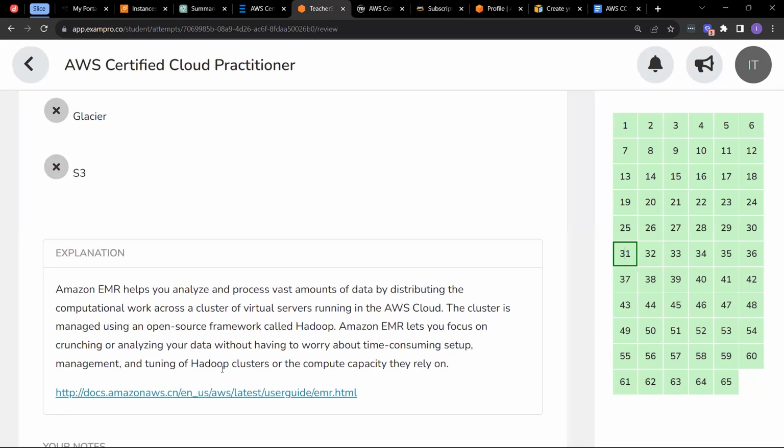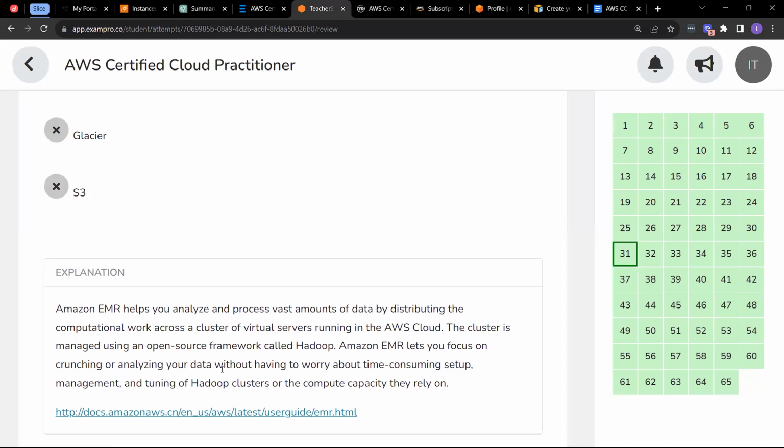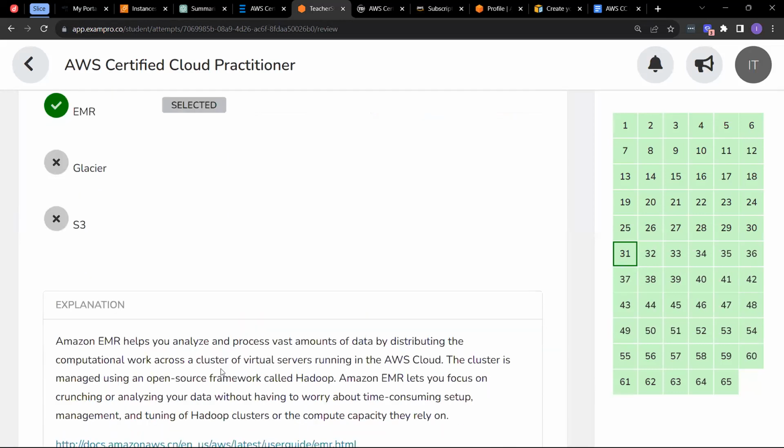Management. So basically, it works like a load balancer for a virtual service. So if one server is getting too many computational works, then EMR steps in to shard it over. Yes, exactly. But it means these are not instances you have spun up.